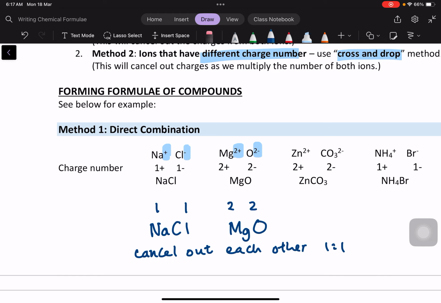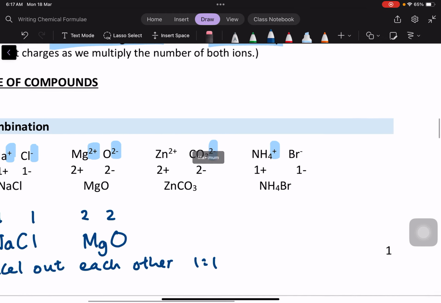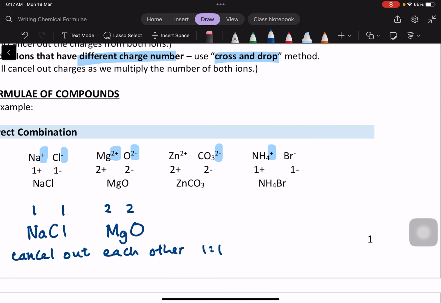Now if it is a polyatomic ion such as carbonate or ammonium ion, notice that there's a small number written on the right bottom corner. Don't forget, we only pay attention to the number that appears as a charge number, which is the 2 from zinc and the 2 from the carbonate.